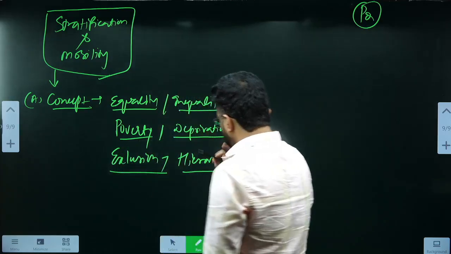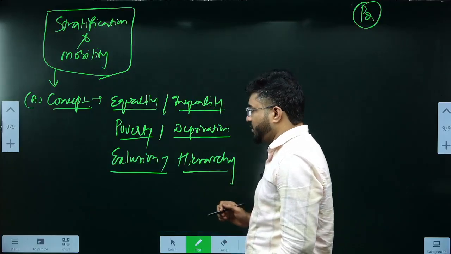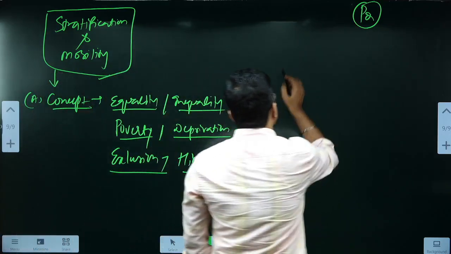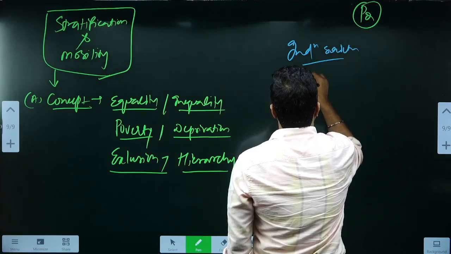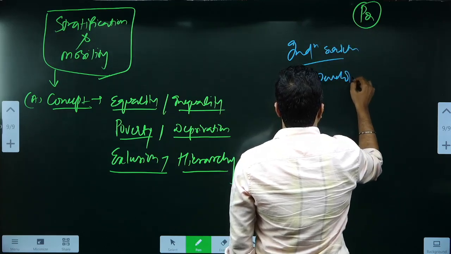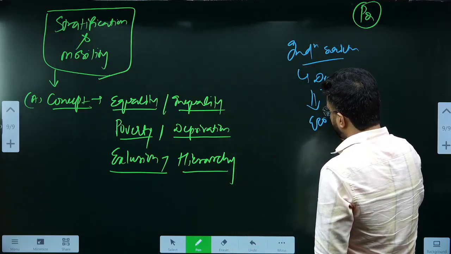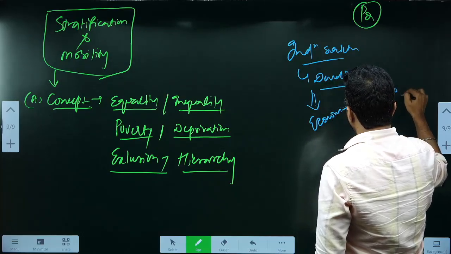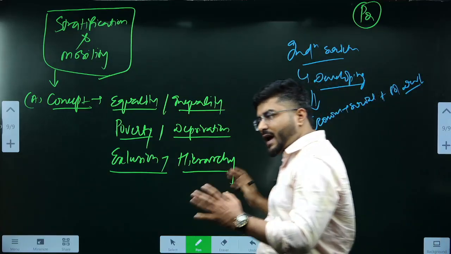Now, try to understand what I am trying to say. When we talk about Indian society developing, that means we are talking about economic, social and political development.